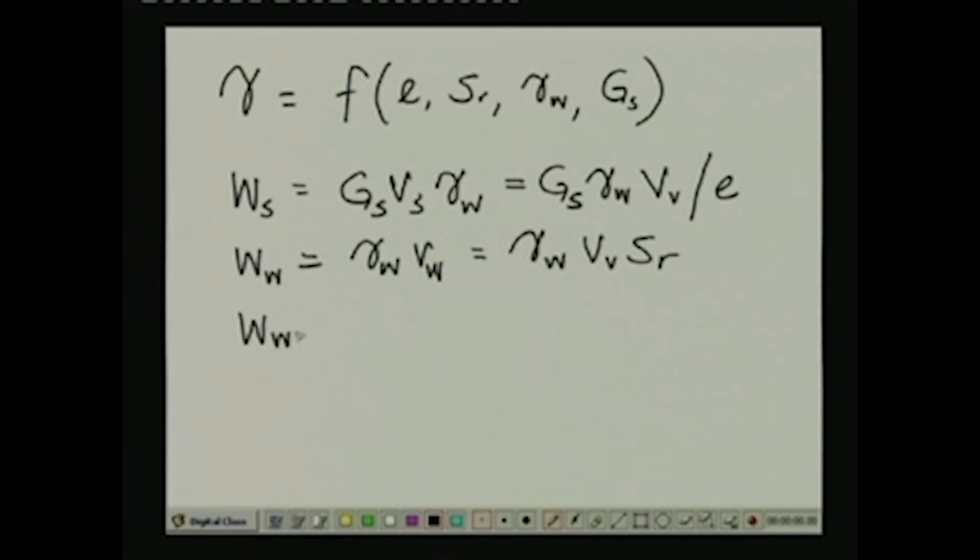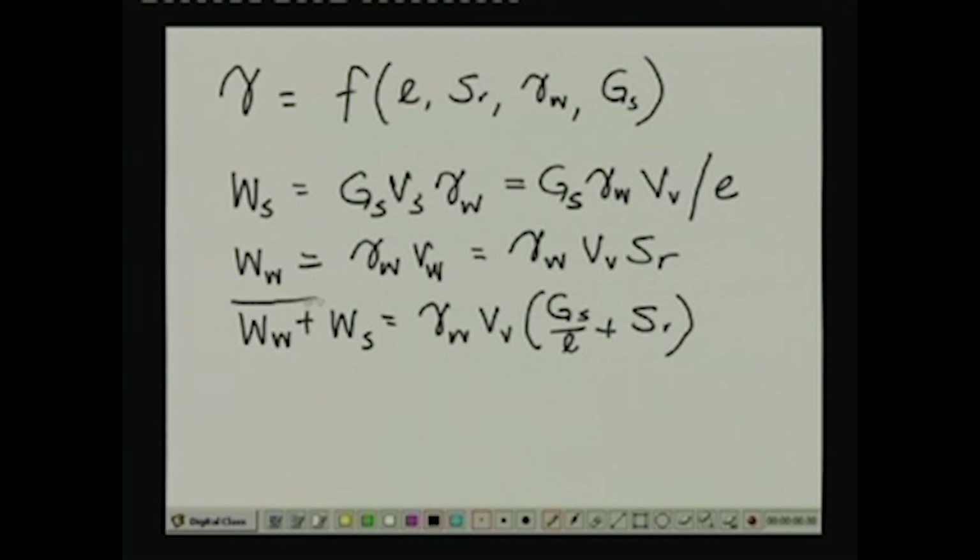Now, we can say W_W plus W_S is going to be equal to gamma W multiplied by the volume of voids multiplied by the specific gravity of soil solids plus the saturation ratio. I want you to keep this particular result in mind.